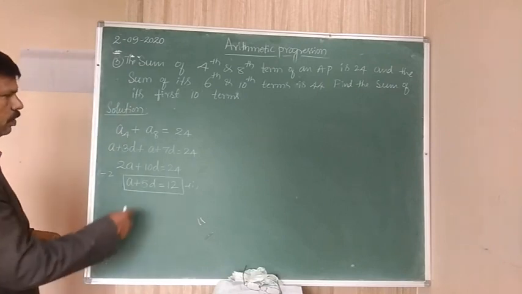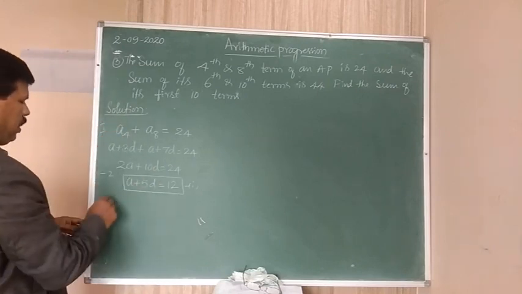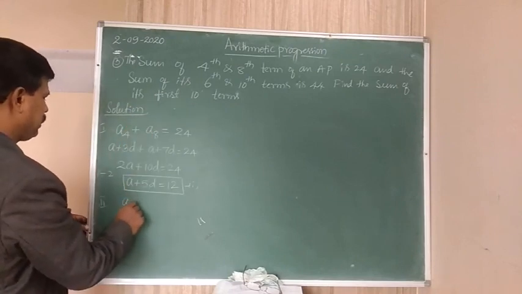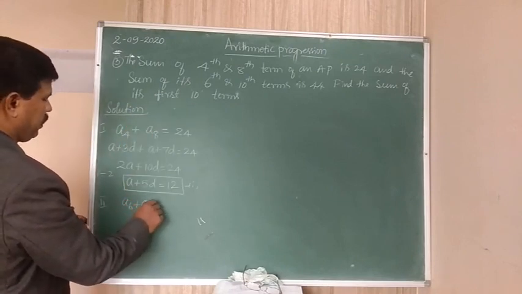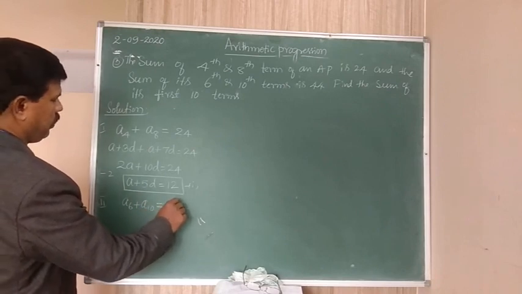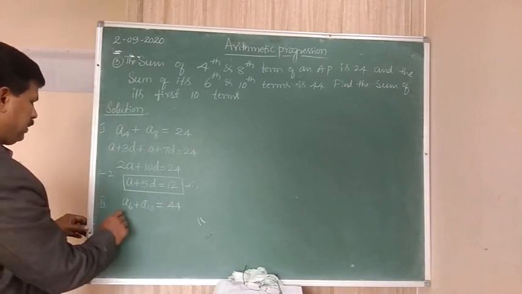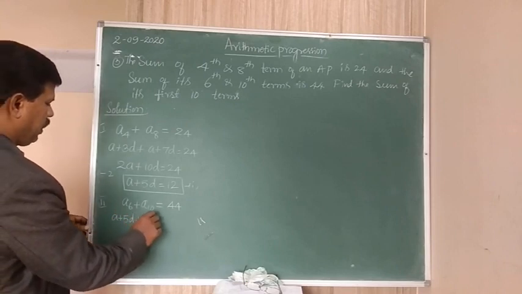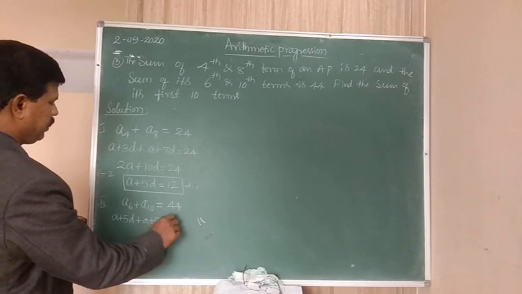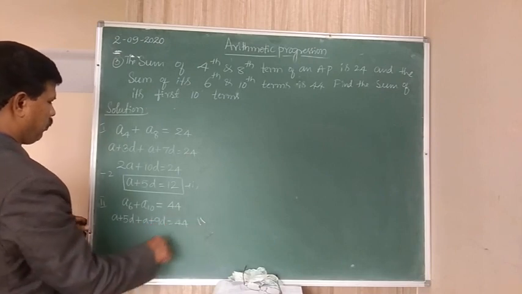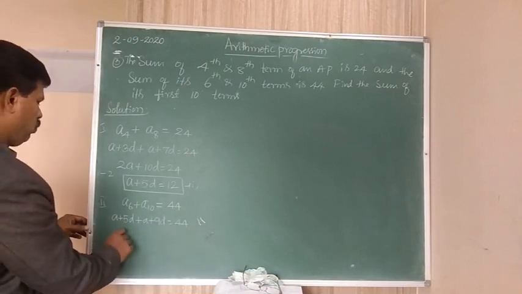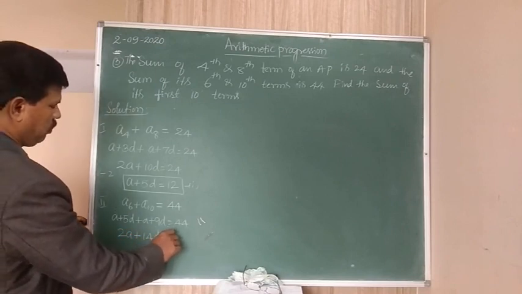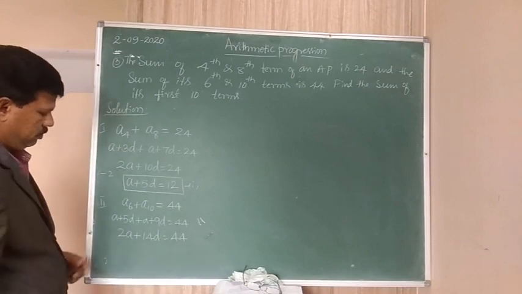Now next up, this is the first part. Then second part is similar to this. A6 plus A10 is equal to 44. Now A6 is A plus 5D plus A plus 9D is equal to 44. Then 2A plus 14D is equal to 44.